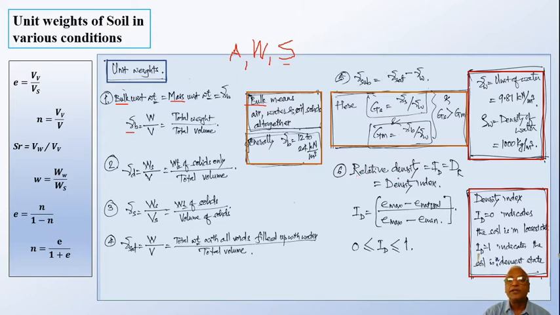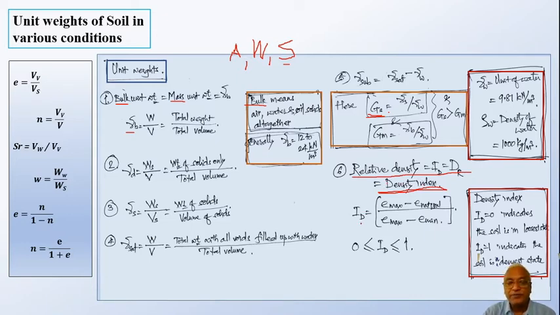We have already seen that specific gravity is denoted by the letter S. We'll discuss this, what is GS and GM means. So in soil mechanics, the relative density means it is density index. It indicates denseness of the soil. That is why it is called density index.